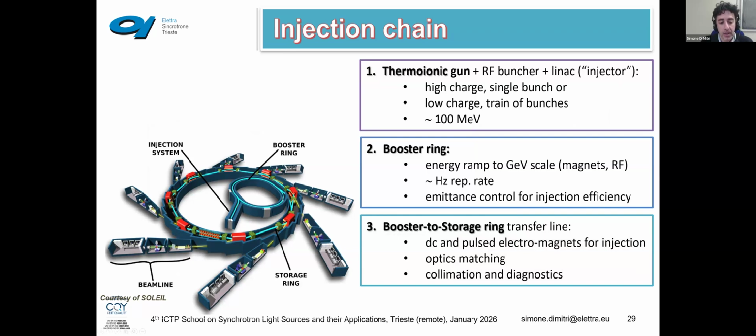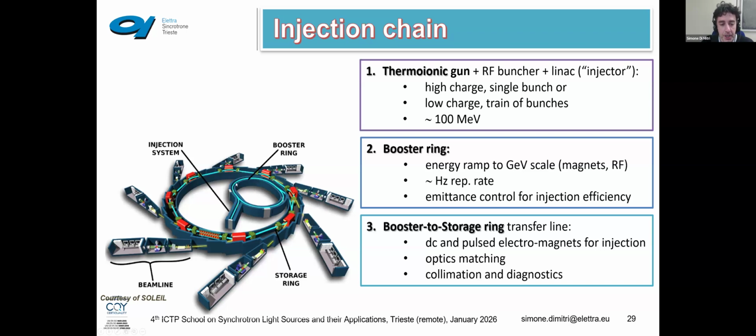This electron cloud is injected into a small linear accelerator, which is made of the accelerating cavities I've been mentioning before. This is bringing electrons typically to the level of 100 MeV kinetic or total energy.